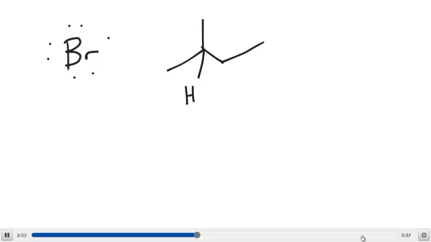And be aware, the bromine only wants 1 electron. So we're not taking a proton, which is H+. We're not taking a hydride, which is H-, that has 2 electrons. You're taking a hydrogen atom, which is just the hydrogen and 1 electron, because bromine only needs 1 more electron to complete its octet.